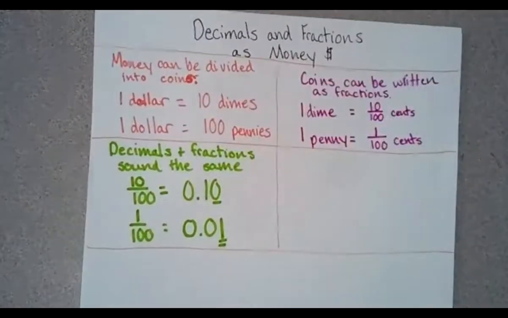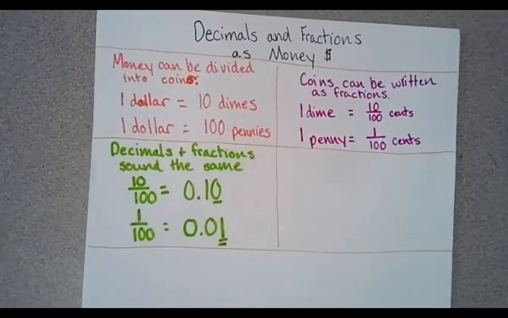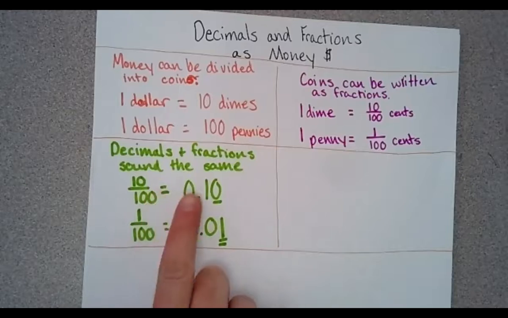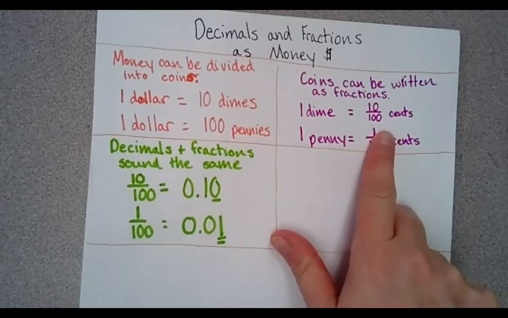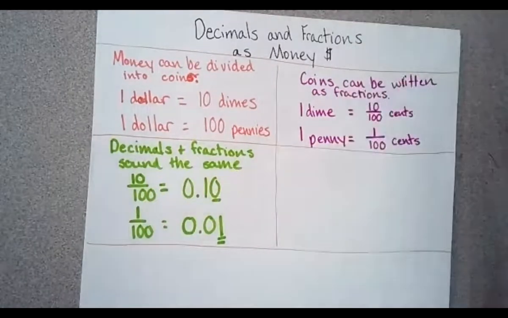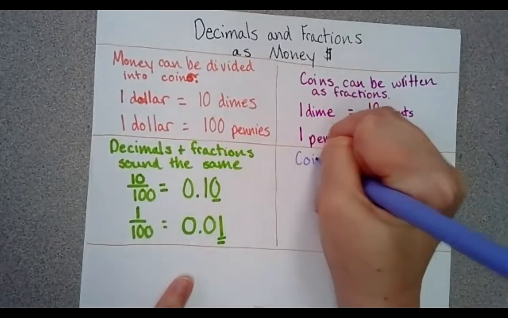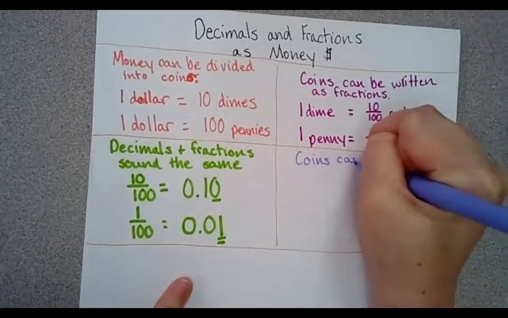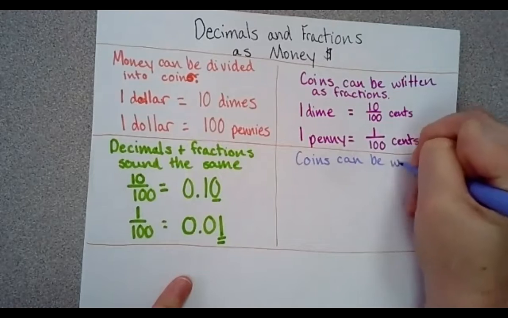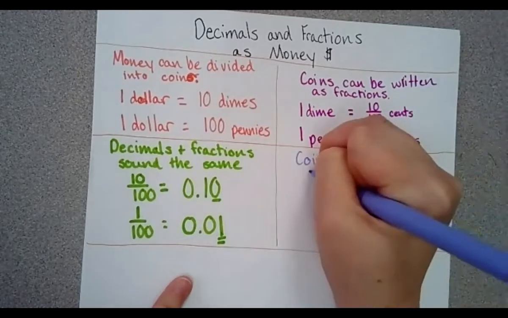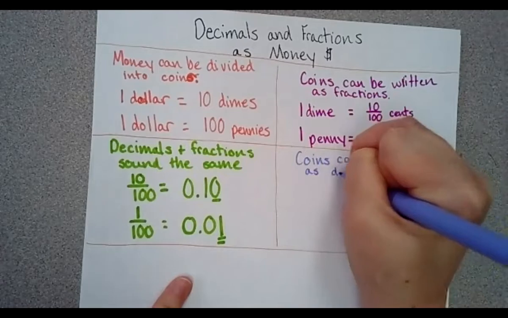Next one, you can also say that coins can be written as fractions. We have that here. So we can also say that coins can be written as decimals. Coins can be written as decimals.